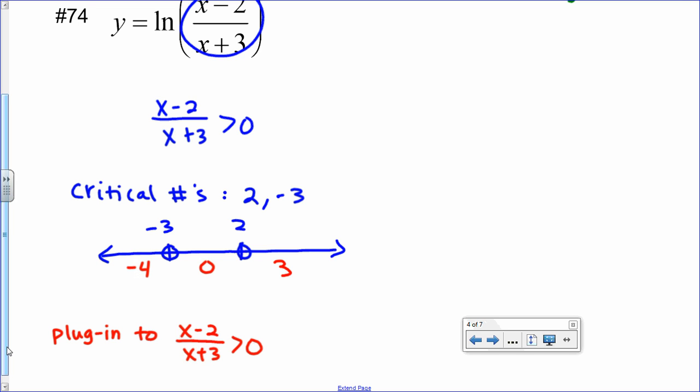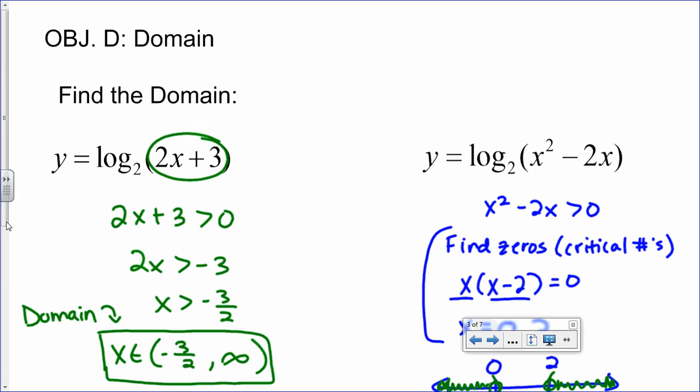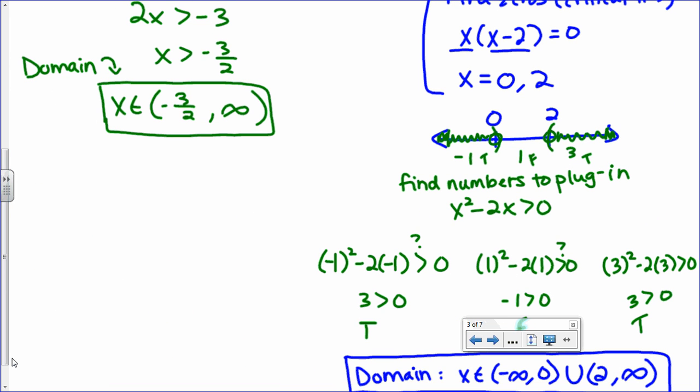Negative 4 plus 3, that's a negative. Negative divided by negative is positive, so that's true. Okay. 0 minus 2, that's a negative. 0 plus 3, that's a positive. Negative divided by positive, negative. Okay. You can take the time and plug them each in, just like we did here. I'm just showing you a faster way you can think through it, but you can do this, where you plug them in. This is fine.